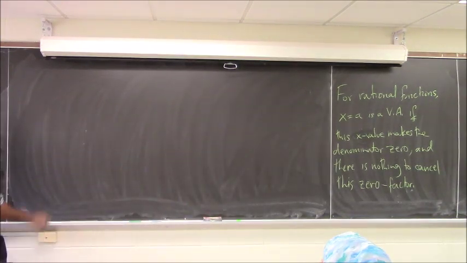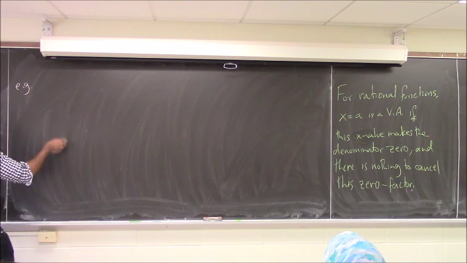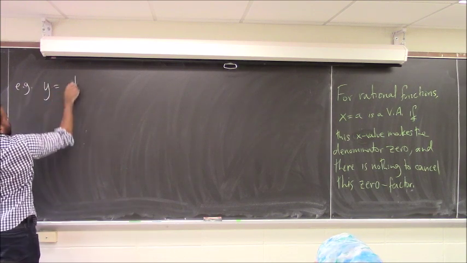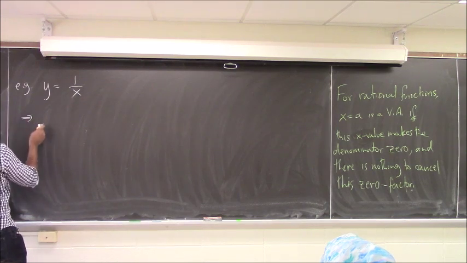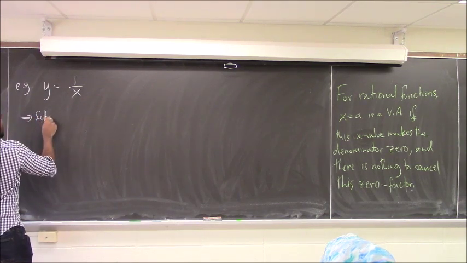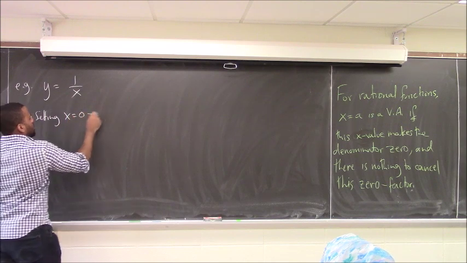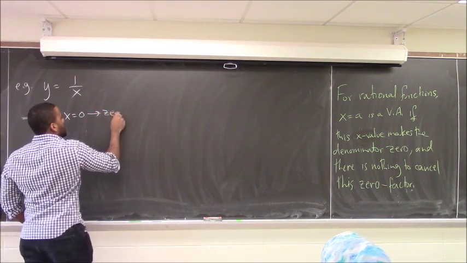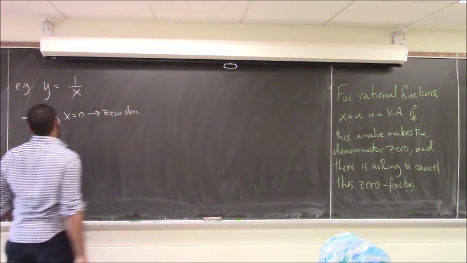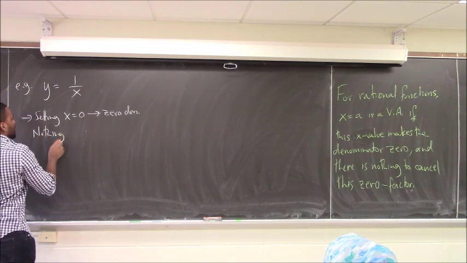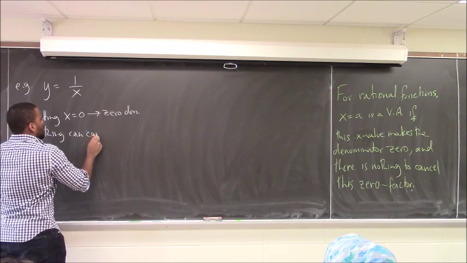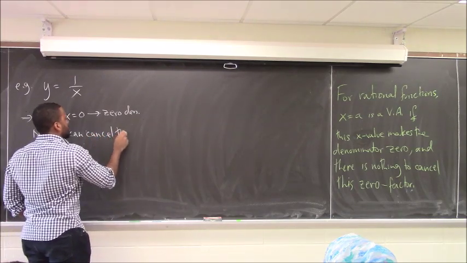So for example, if I'm looking at y equals 1 over x, I can immediately see that setting x equals 0 gives a 0 denominator. And then I realize that nothing's present that can cancel that x in the denominator.